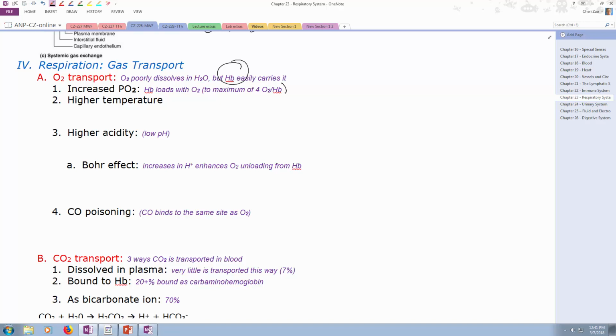So you want to load up oxygen on hemoglobin at the lungs, which happen to be cooler than the tissues. So this temperature differential definitely affects the affinity of hemoglobin for oxygen. So hemoglobin has a higher affinity for oxygen at a cooler temperature and a lower affinity for oxygen at a warmer temperature. You guys follow that?